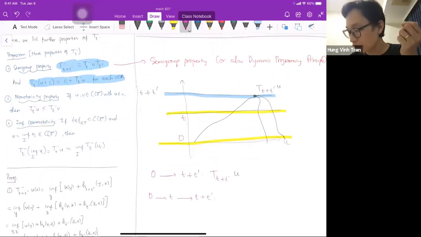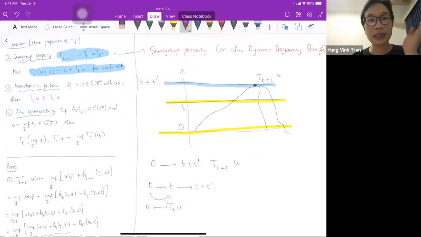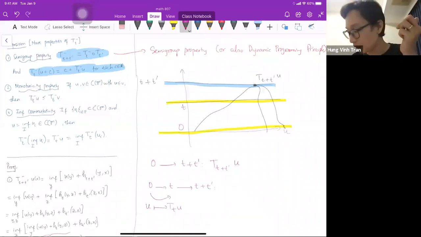So going from 0 to t, it gives you from u to T_t of u, right? And then you take T_t of u as the initial data, you go from t to t plus t prime, so that means that you go for another amount of t prime.